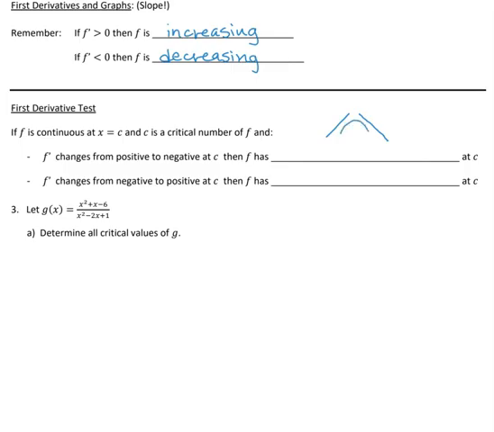That's going to form a local maximum. Then f has a local max at x equals c. If f prime changes sign from negative to positive, that's going to form a local minimum at x equals c.